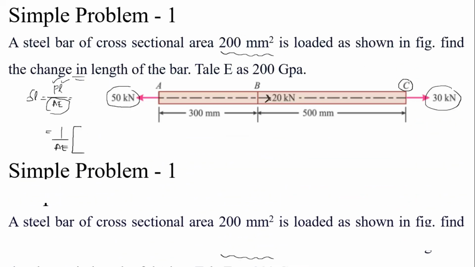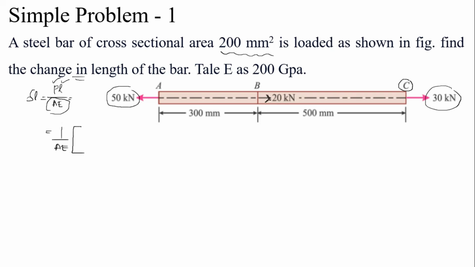First, for the sake of simplification, the force of 50 kilonewton is split up into two forces, 20 kilonewton and 30 kilonewton, right. If we want to take 20 kilonewton at point A, then we have to consider AB, with 20 kilonewton acting at point B.